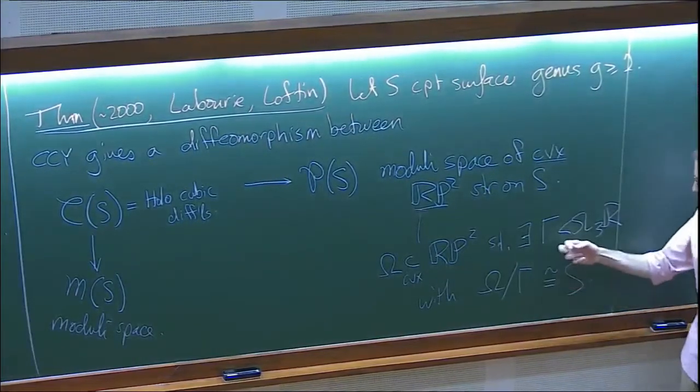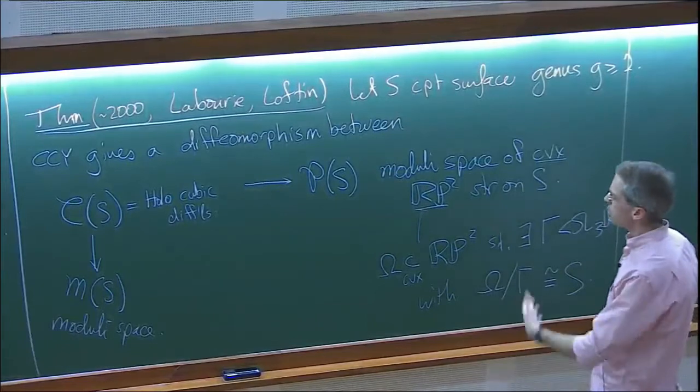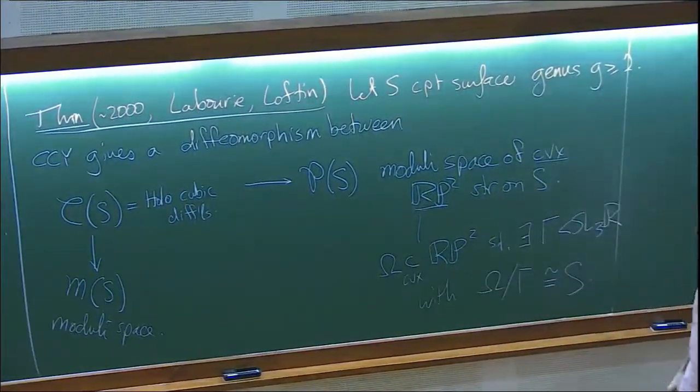It has a whole surface group's worth, and this is what a convex RP2 structure on S means. There's also a local definition by charts in which this thing would become the image of the developing map.